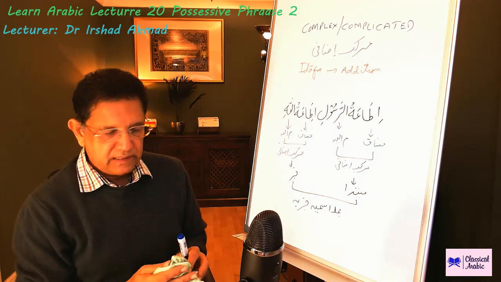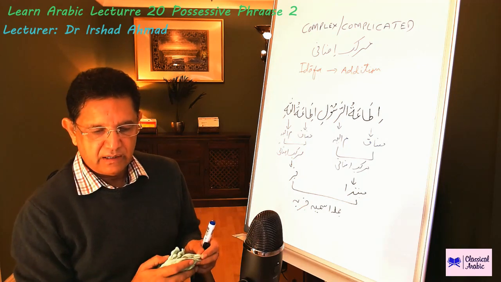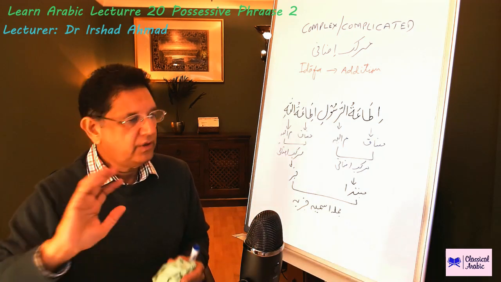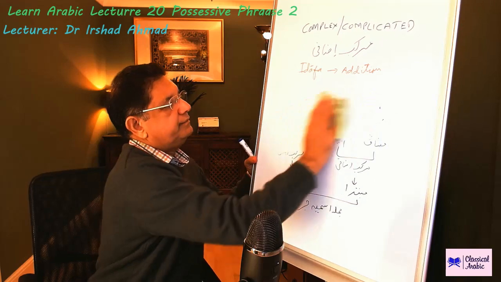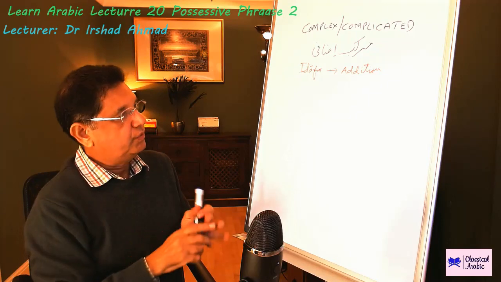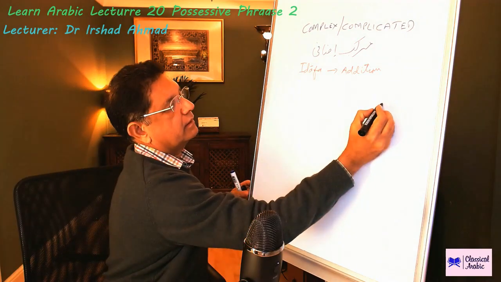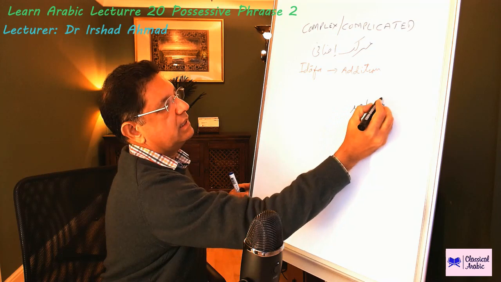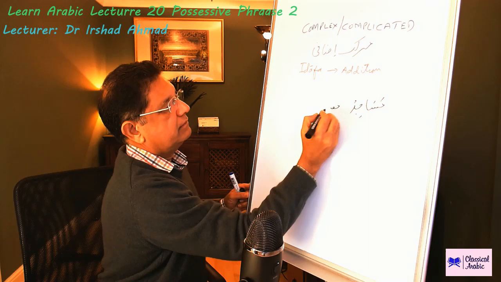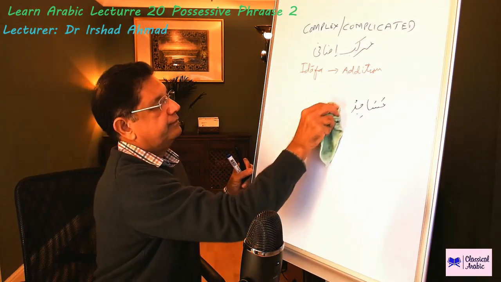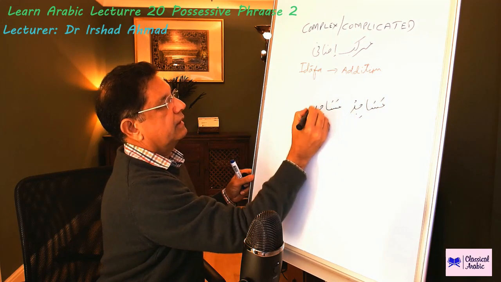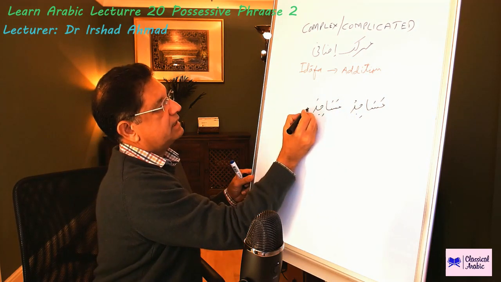Now we have studied that Ghair Munsarif Asma do not take Kasra in the state of Jar. We know that. For example, plural of Masjidun is Masajidu. That's Rafa, then Nasab will be Masajida, and Jar will also be Masajida.